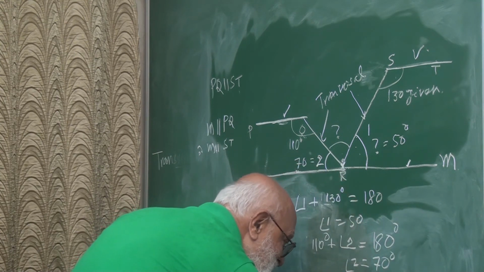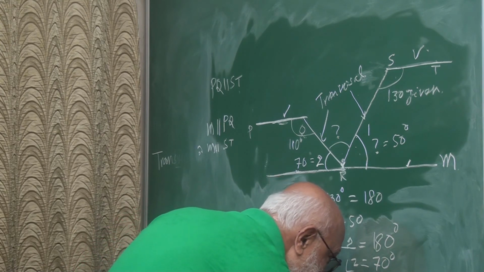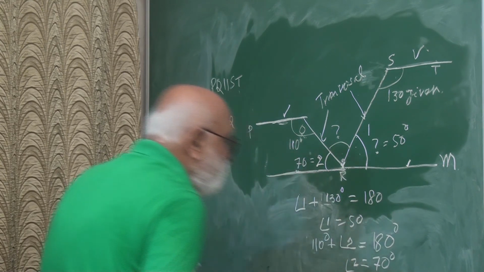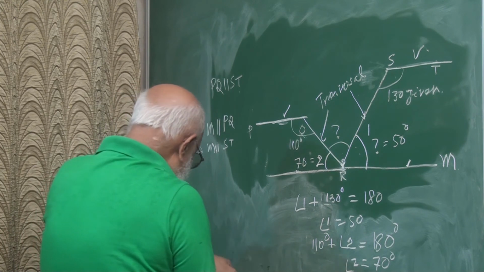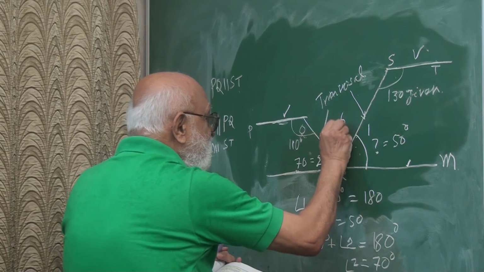Therefore, angle QRS is equal to 180 minus 120, which is equal to 60 degrees. So whatever is wanted, this is being given here. This is 60 degrees. Done?